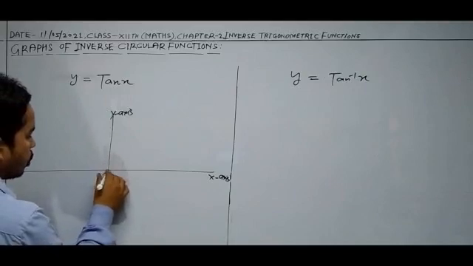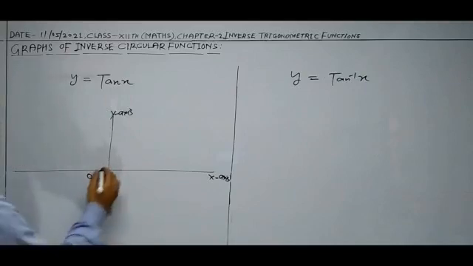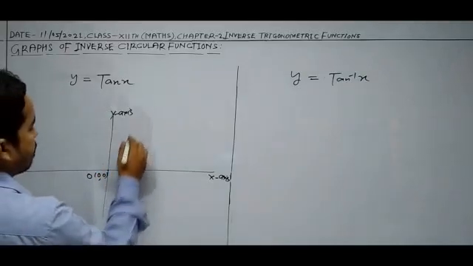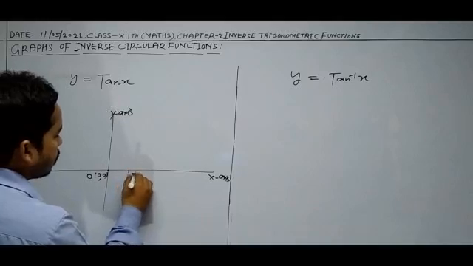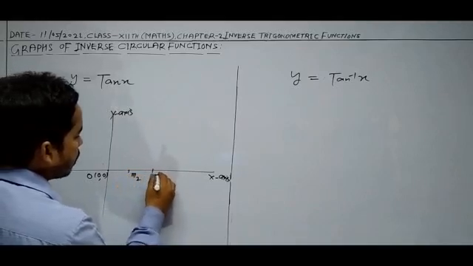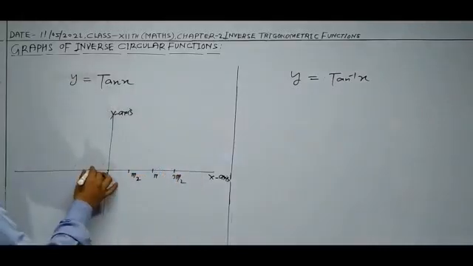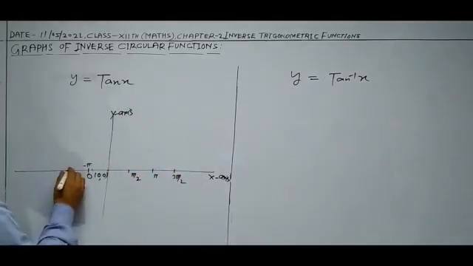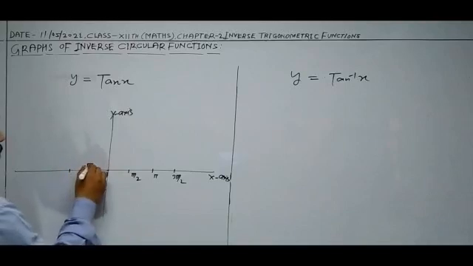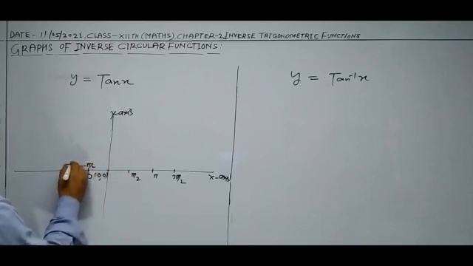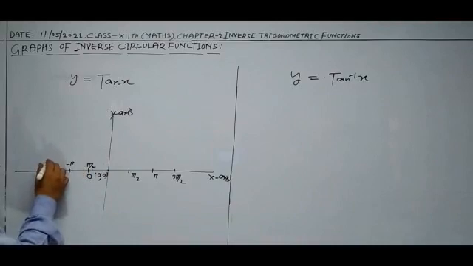The intersection is 0, 0, this is 0 degree, pi by 2, this is pi, this is 3 pi by 2. Similarly, minus pi by 2, minus pi, minus 3 pi by 2.